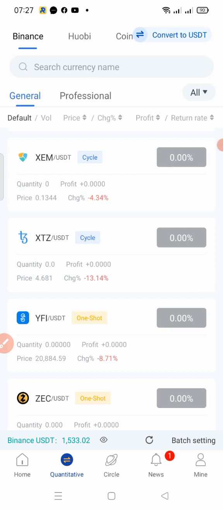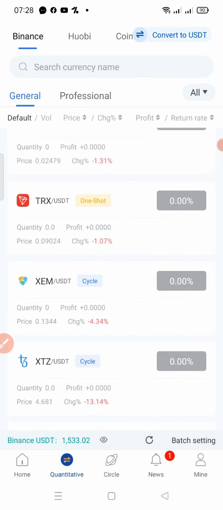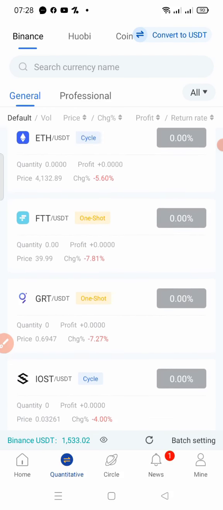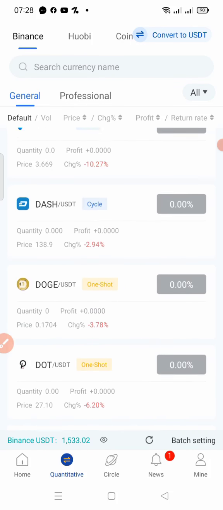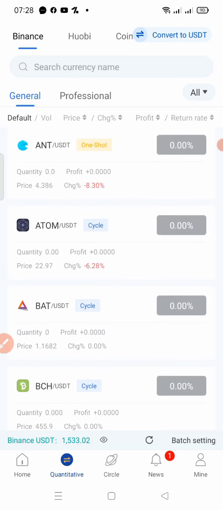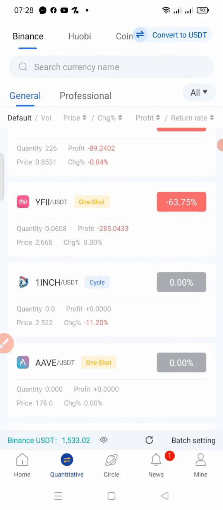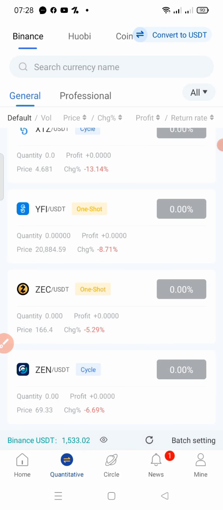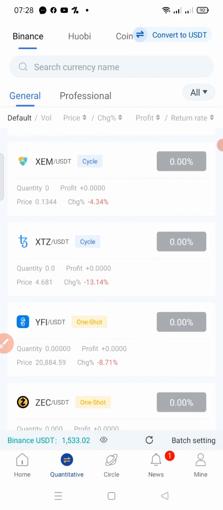I'm going to pick XTZ because XTZ has a lower percentage than 1 inch, minus 13.4. 1 inch was minus 11. So the least performing coin is XTZ. I'm going to pick XTZ because it's minus 13.4.